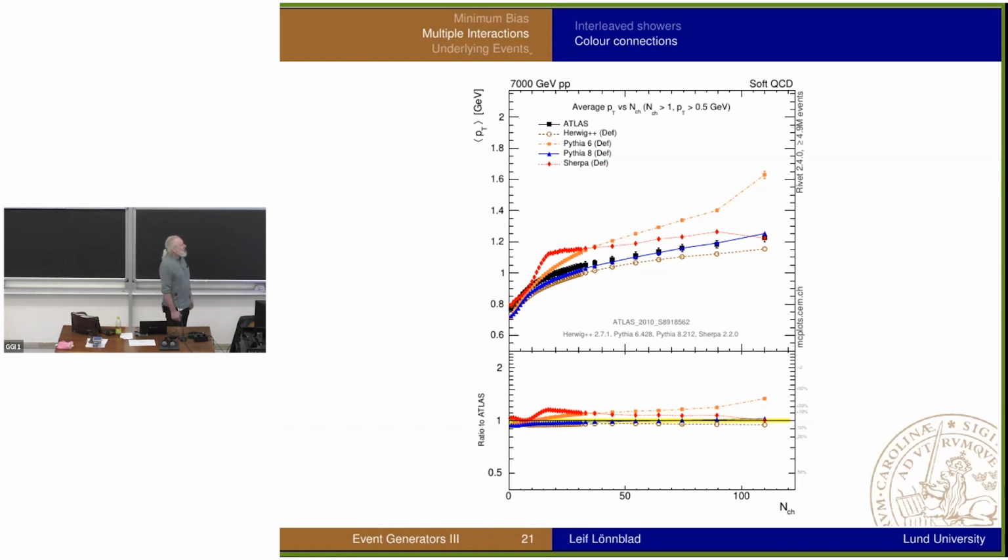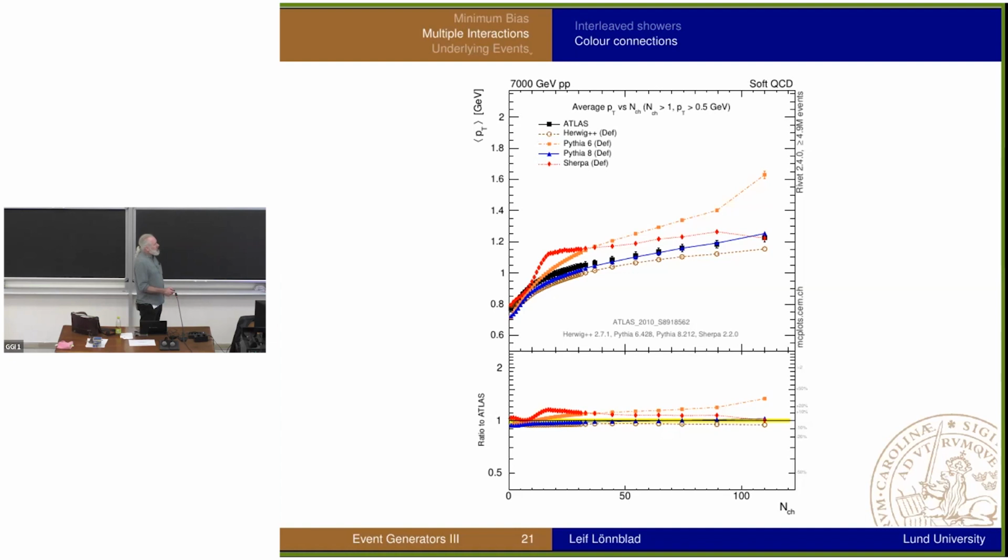You would think that if all multiple scatterings were independent, then you basically get a straight line here. The average PT would be the same, but it isn't. It increases.